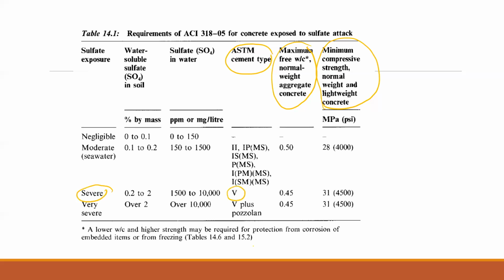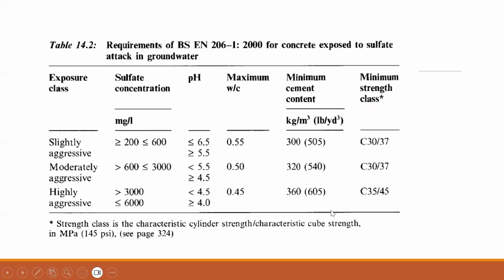So the cement type is 5, the maximum water to cement ratio is 0.45, and the minimum compressive strength should be 31. We are looking for something with 34 megapascals, am I right? That's what we have in the question. So this one is satisfied because we are going to design a concrete mix with more than 31 megapascals. These are the things we can find from the first table. Second table, what can we find from the second table?